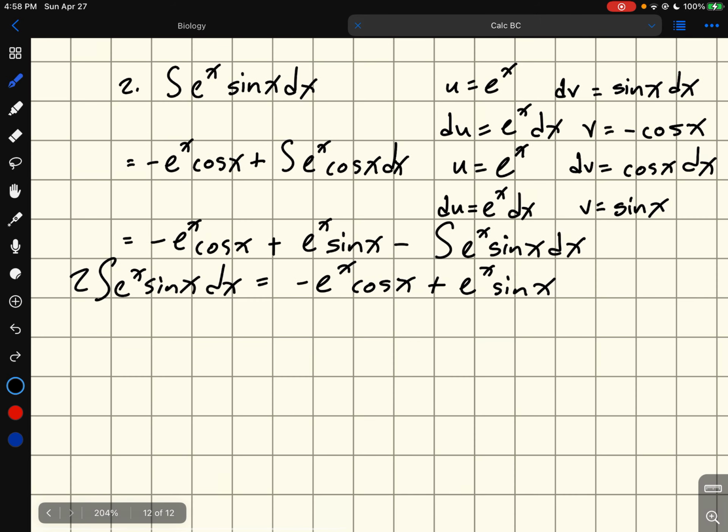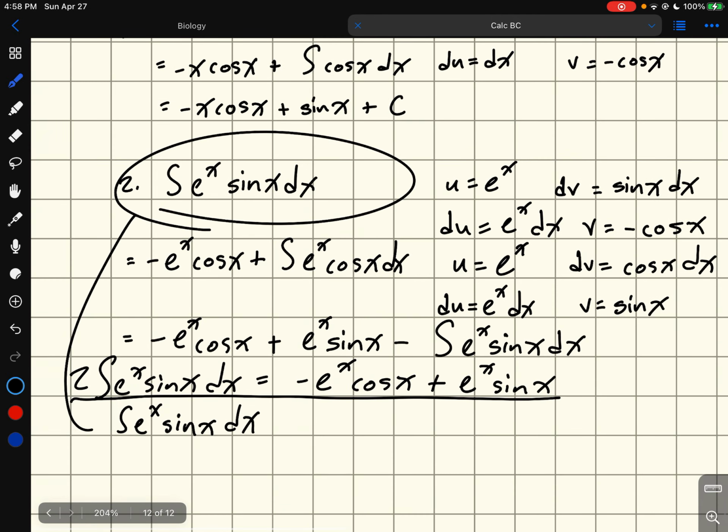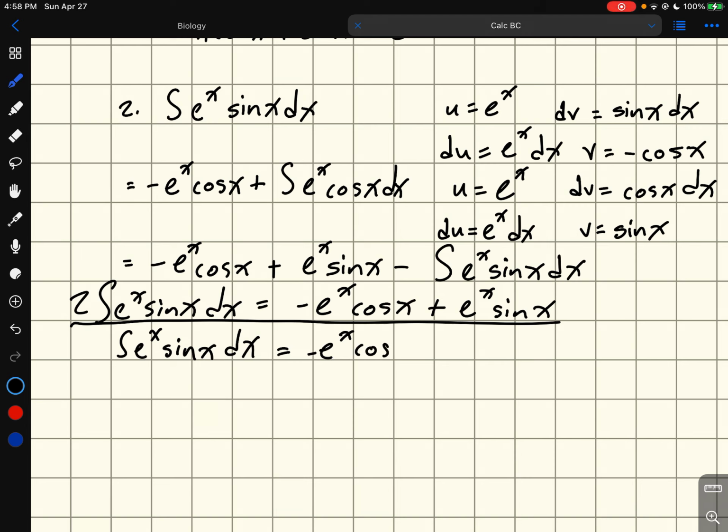And then all I need to do is divide by 2. And then what am I left with? E to the x sine x dx, which is what I'm looking for. That's what I'm looking for right there. And what is the answer? Well, it's negative e to the x cosine x plus e to the x sine x, just divided by this 2 right here.